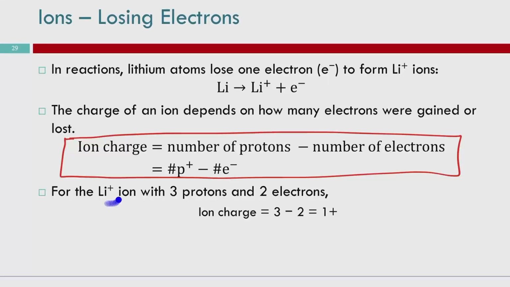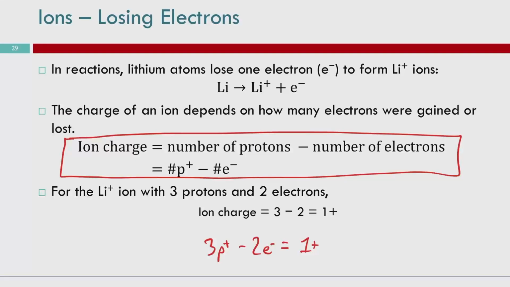So for lithium, Li+, it's got 3 protons, it's got 2 electrons. 3 protons minus 2 electrons gives us 1, and it's a positive 1, so our charge is 1+. So we don't have to do any flipping negatives if we calculate it this way.